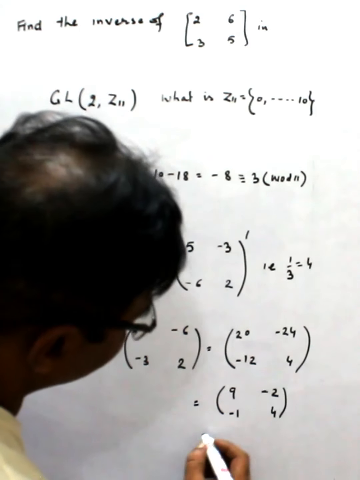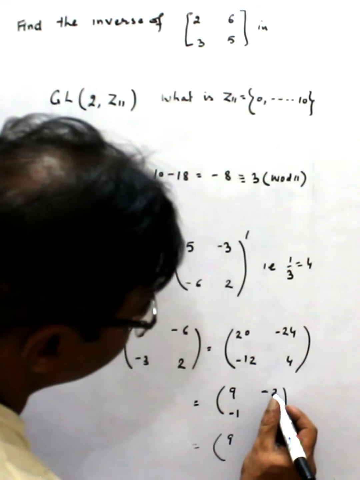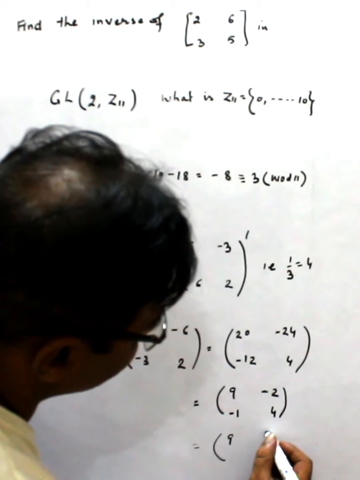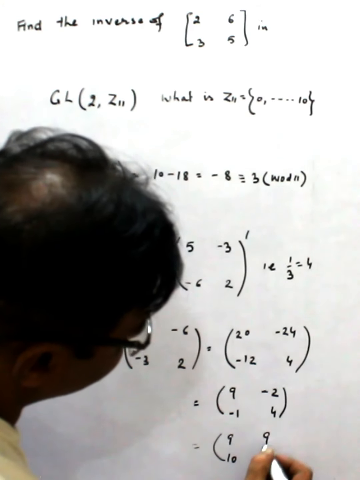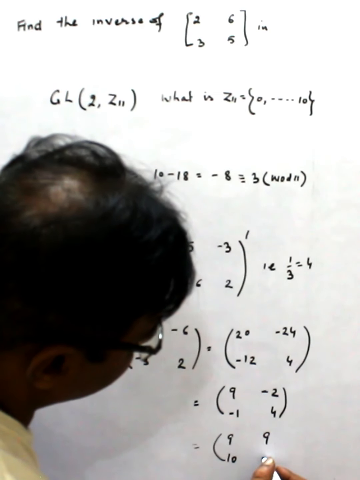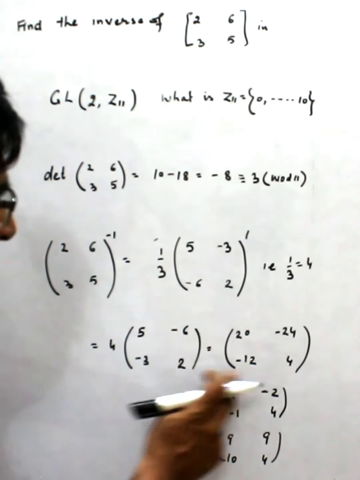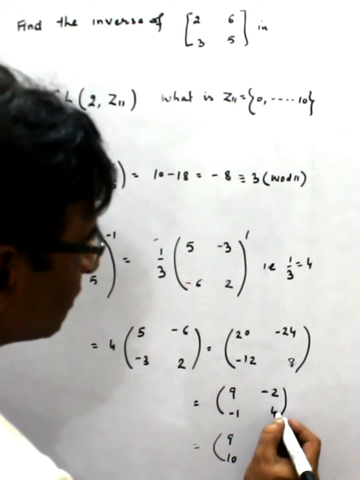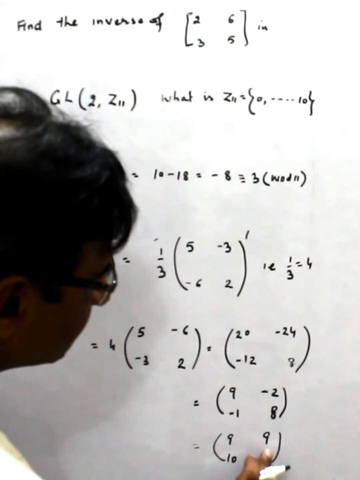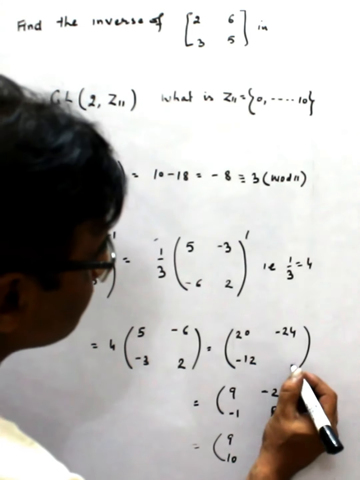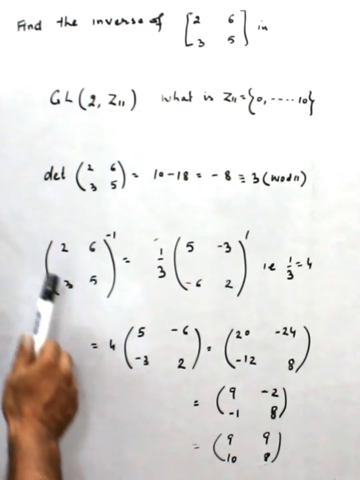If I add 11, minus 24 becomes 9 and minus 12 becomes 10, and the 4 remains. Sorry, I think one mistake was made: this 4 when multiplied by 2 becomes 8, so it is 8 everywhere. So this is the inverse of this matrix.